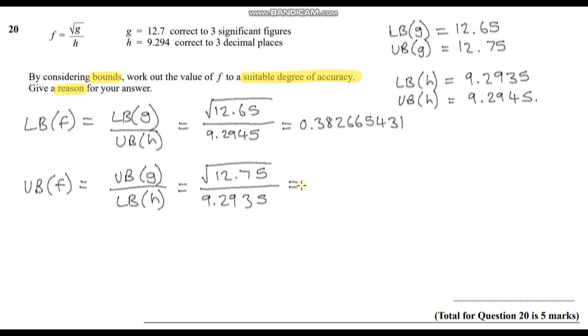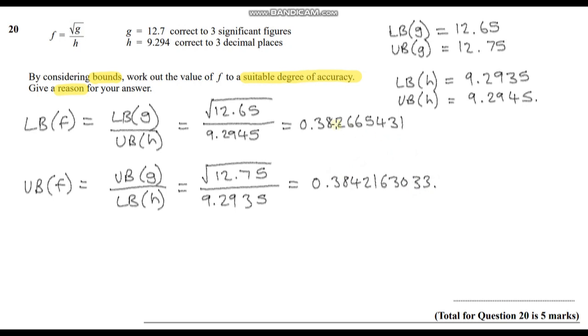So the square root of 12.75, and then we're going to divide that by 9.2935. And I get 0.38421, 630.33. So these are my two answers.